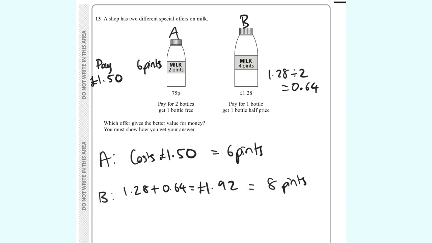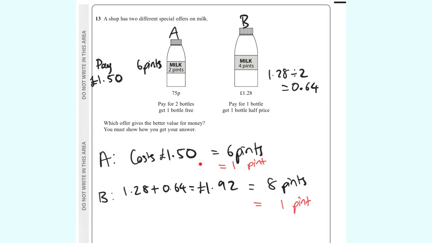So now you've got 2 choices, alright, 2 choices here. We can compare the prices directly, or we can compare the pints directly. I personally find it easier to compare the pints, so I think that's basically what we're doing, right? We're going to find out how much 1 pint is for both of these. 1 pint. Because then we can compare that one directly and see which is cheaper.